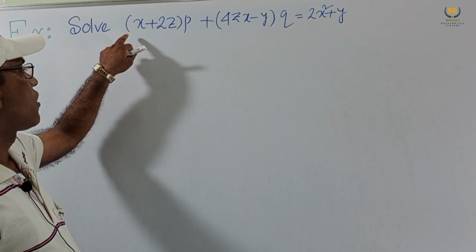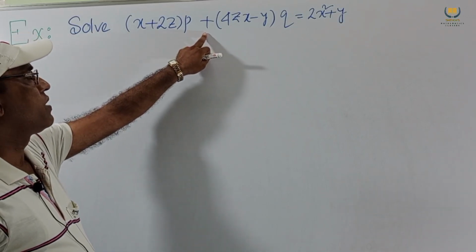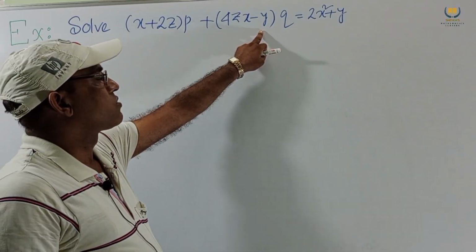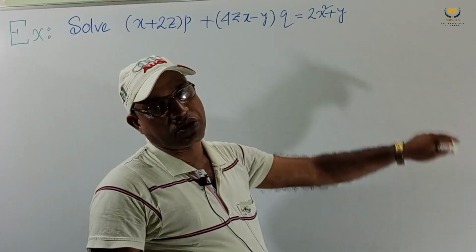Another problem, solve (x plus 2z) into p, (4zx minus y) into q, equal to 2x square plus y.